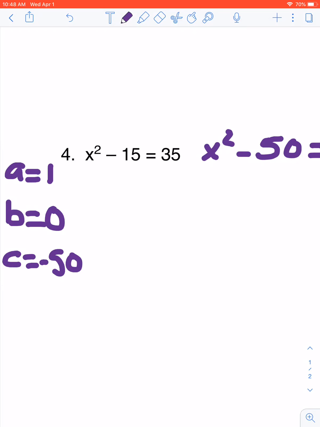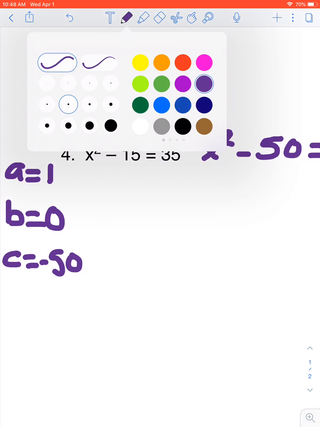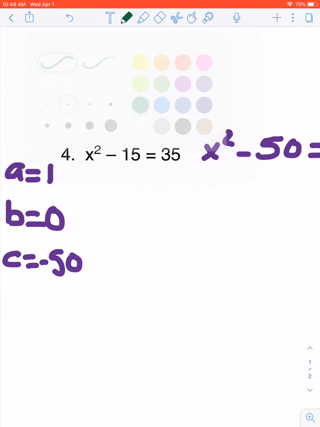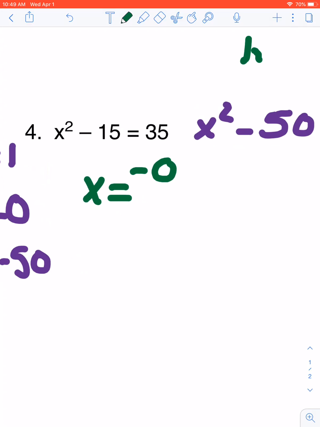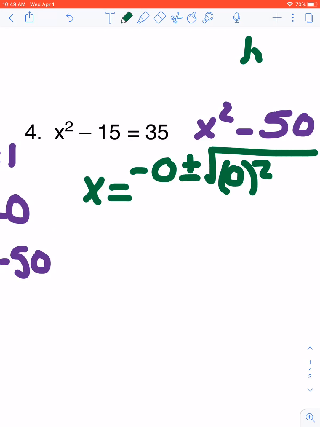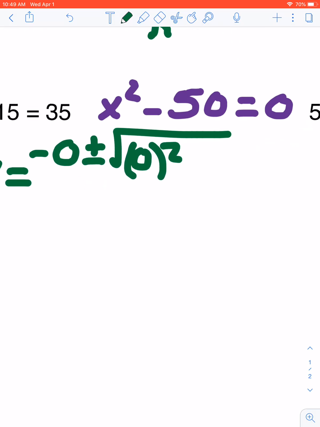So I find my a, b, and c, and I go straight into plugging it into the quadratic formula. So I end up with x equals negative b, so negative 0, doesn't really matter the sign on 0, plus or minus the square root of 0 squared. Again, I'm putting that in parentheses.